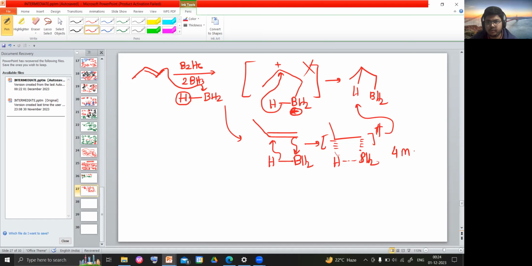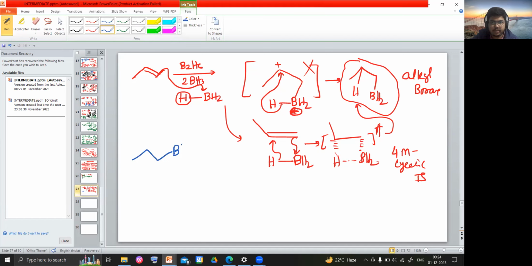You write four-member cyclic transition state. From the four-member cyclic transition state, this alkyl borane is formed. It is an alkyl borane, nothing but BH2 attached. This is the first step.